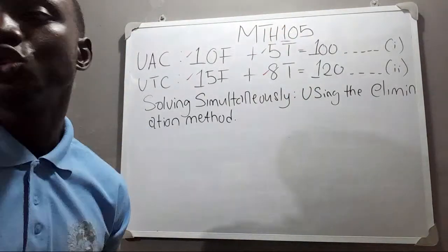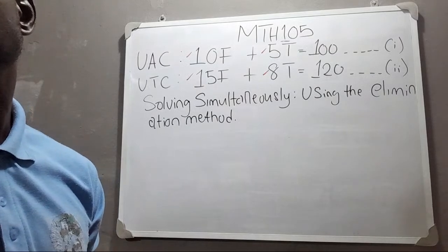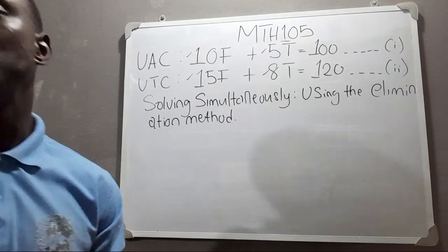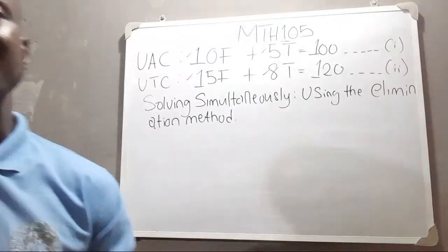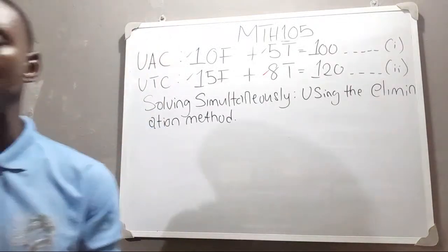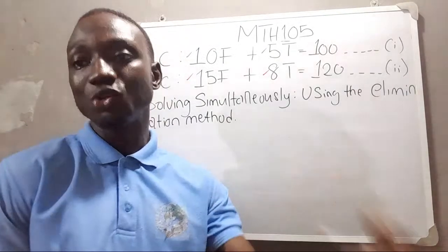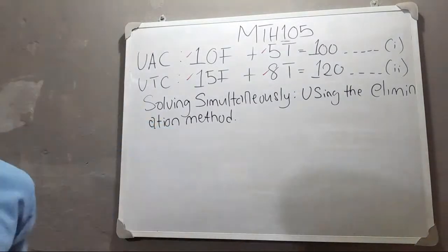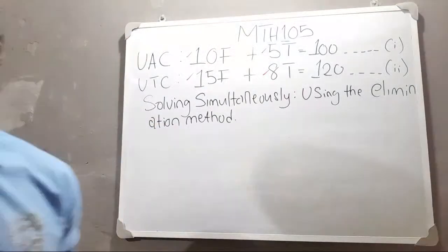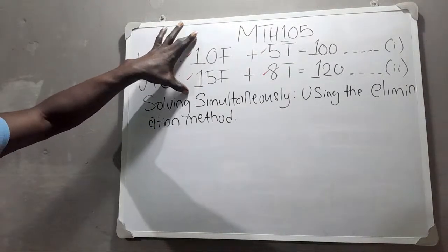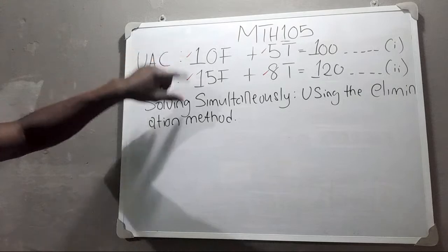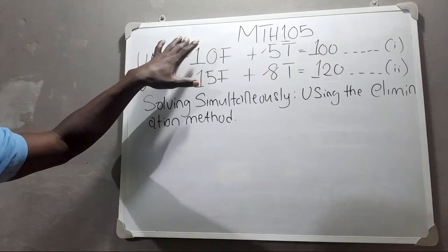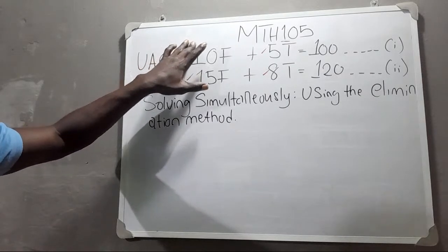So how do we achieve that? Just like how we did the other one, where we had to multiply equation 1 by 2 and later subtract it from equation 2. In this case, in order to get both of these equal, we'll have to divide by 5 and multiply by 8.